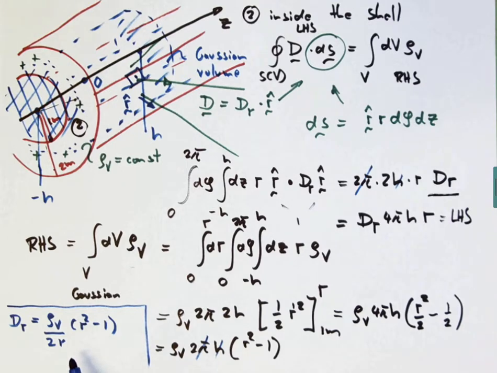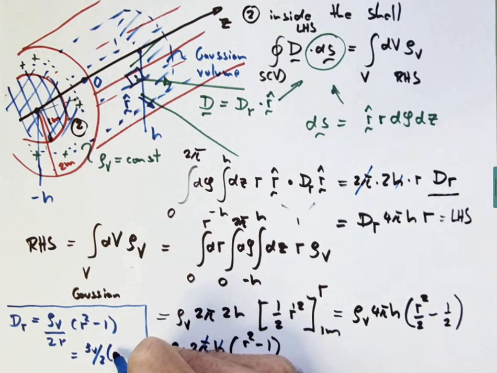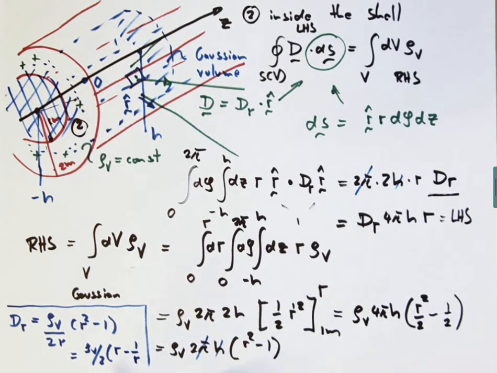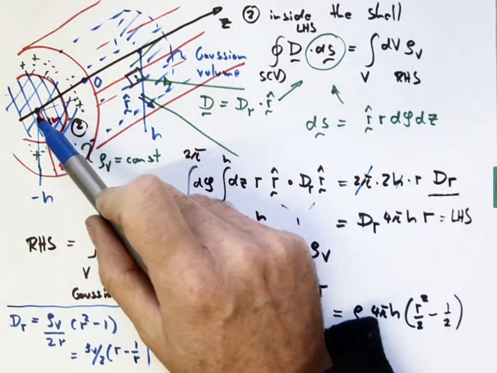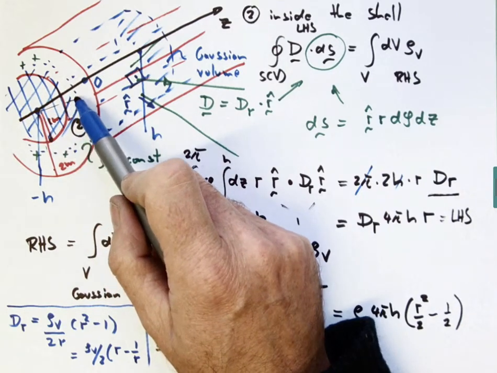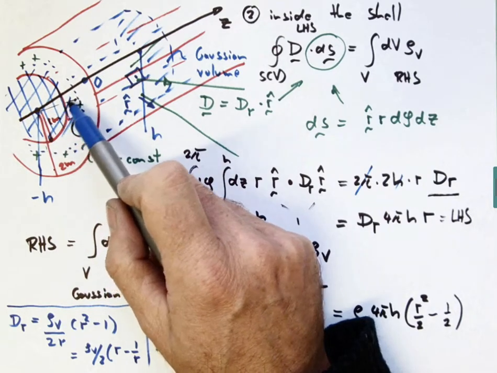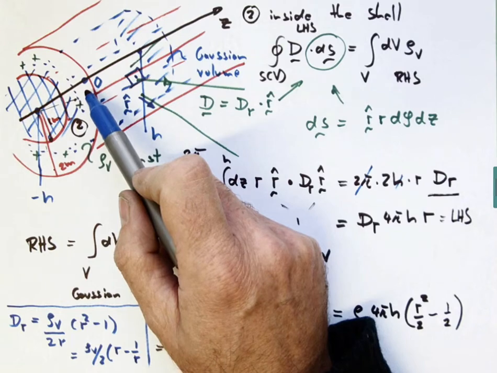So you can see, if we multiply the r into the bracket, that we've got rho v half times r minus 1 over r. So I've almost got a linear increase of the electric field in this shell.